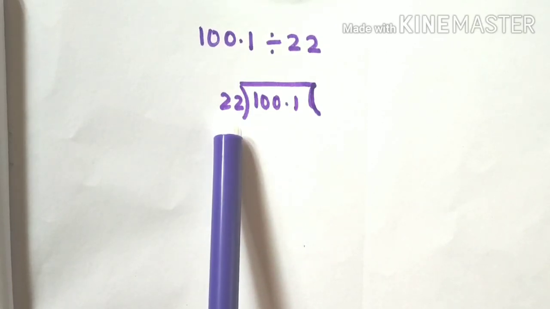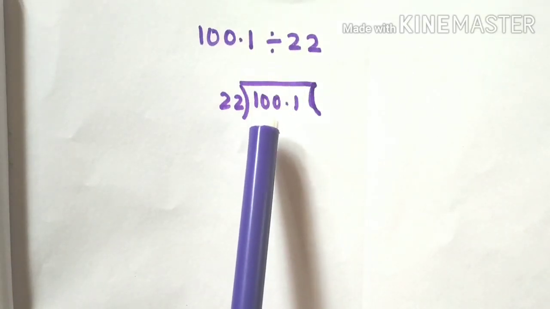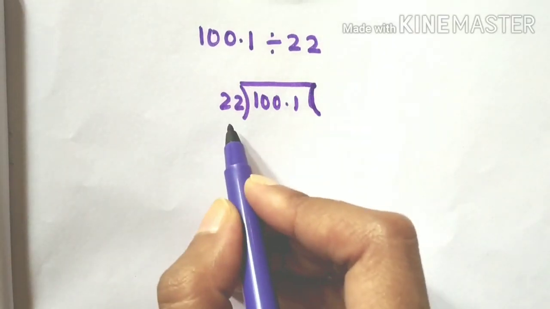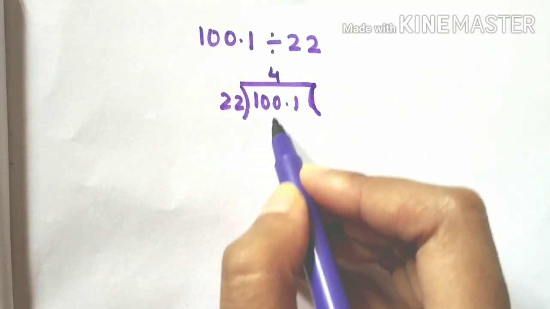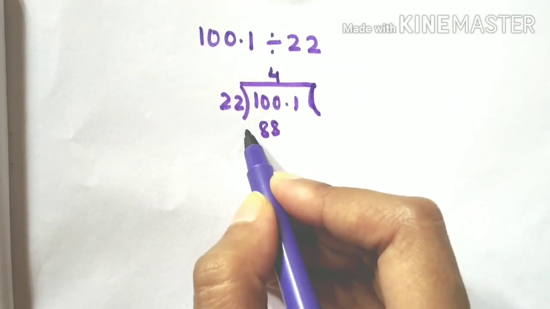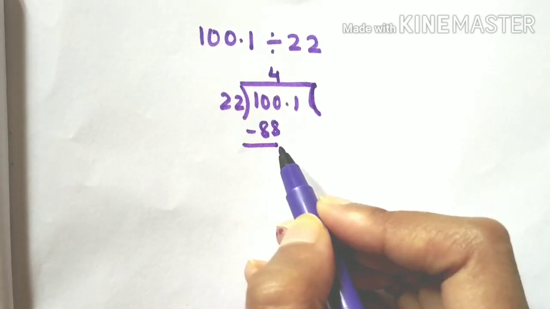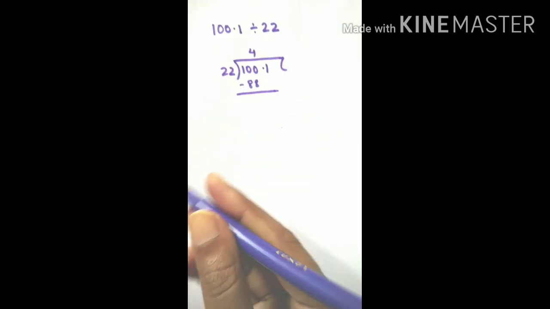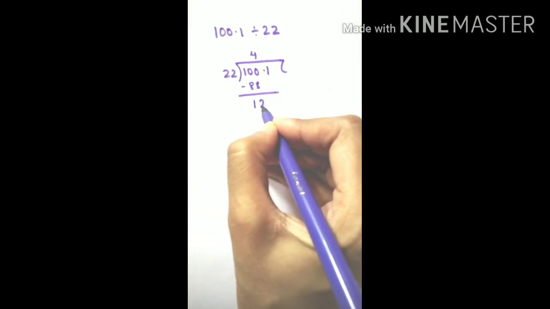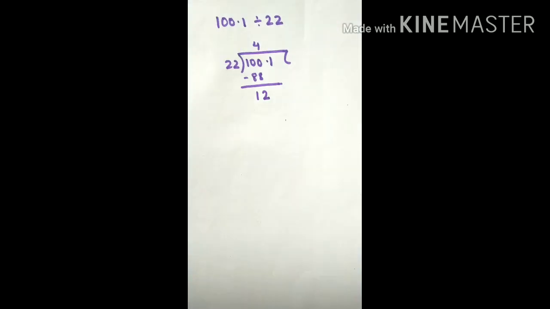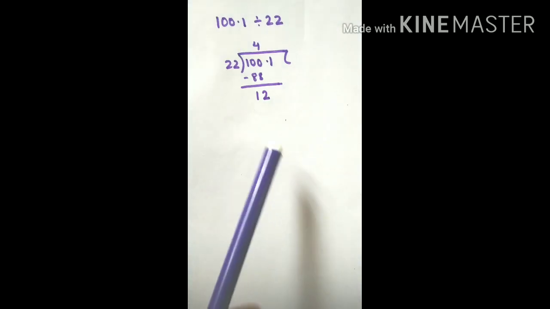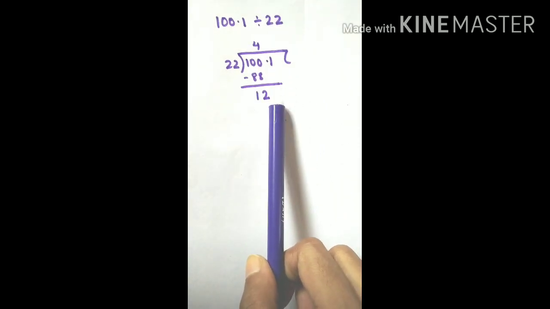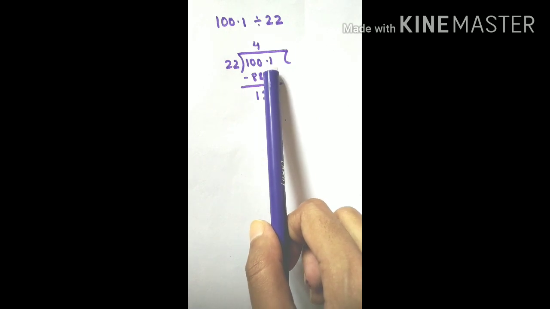So 22 multiplied by what number is equal to 100 or nearest to 100? 22 multiplied by 4 is equal to 88, which is nearest to 100. So when we subtract 88 from 100, we get 12. Now students, since 12 is less than 22, we will try to bring this 1 down. But there is a point before this 1.